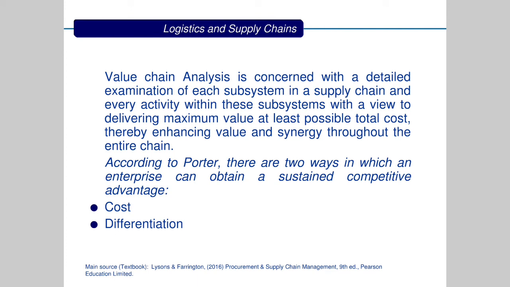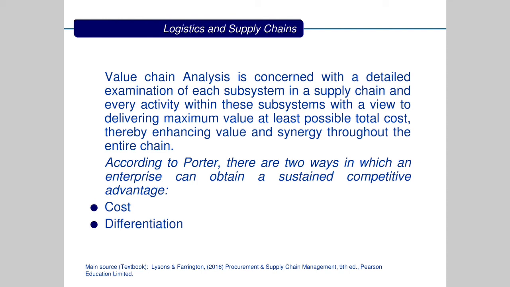It doesn't mean the organization is gaining at the cost of the supplier or at the cost of the customer. That will not survive longer. So here we need a synergy, a win-win situation between every partner in the supply chain so that they take ownership of their work and try to prevent every type of supply chain risk.